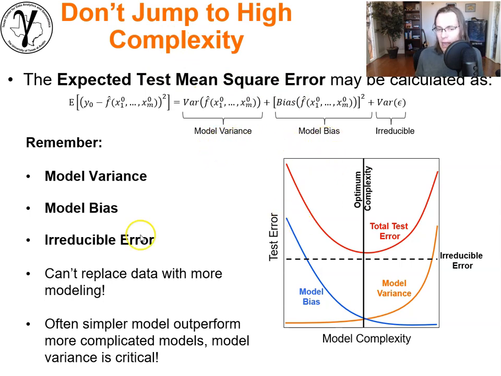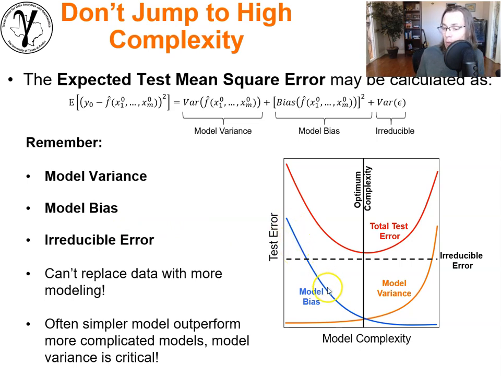When you look at the behavior of model variance, complicated models will tend to be much more sensitive to the actual training data set. And so as model complexity increases, we're going to lose because of model variance. It becomes our enemy. Model bias is this concept that a too simple a model is unable to capture the natural setting.